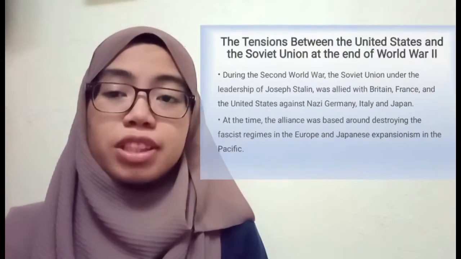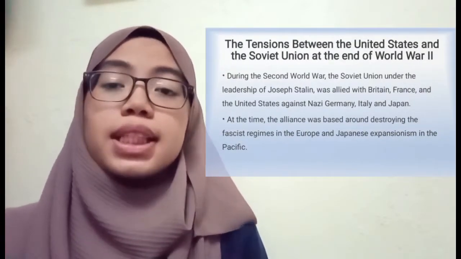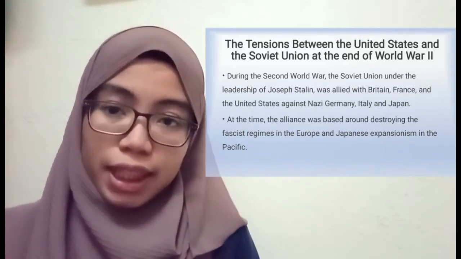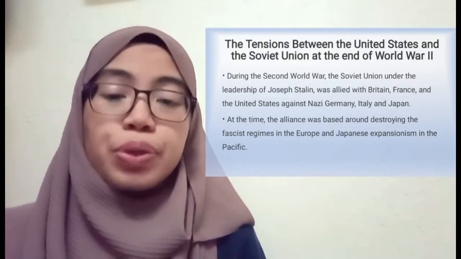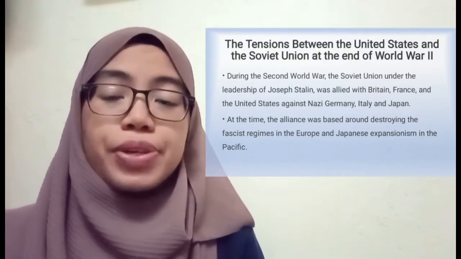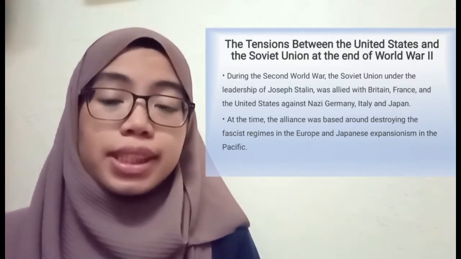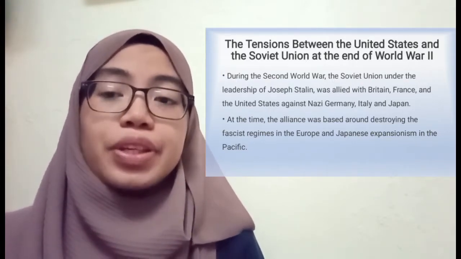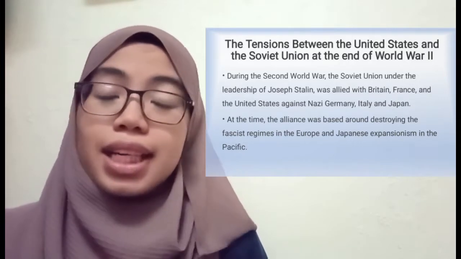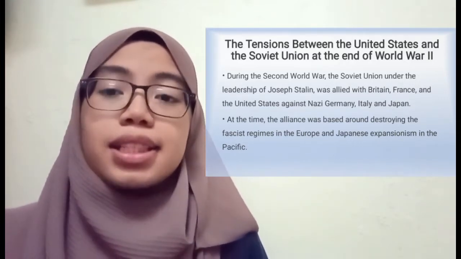The first major factor of the Cold War was the increased tension between the United States and Soviet Union at the end of World War II. During the Second World War, the Soviet Union under the leadership of Joseph Stalin was aligned with Britain, France and the United States against Nazi Germany, Italy and Japan.